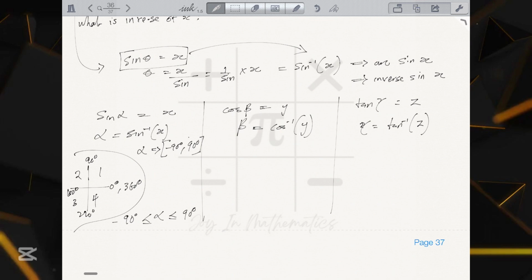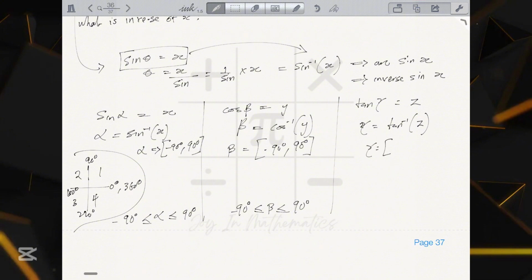Now, this similar concept works for all other inverse trigonometric functions. This means that beta will also range from minus 90 degrees to 90 degrees. Therefore, beta can be greater than or equal to minus 90 degrees, and also less than or equal to 90 degrees. Same thing applies to gamma.